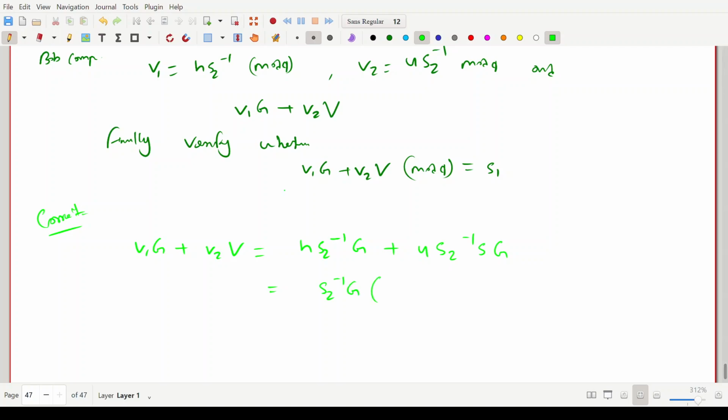I will have H plus sU. So it will be S2 inverse G times eS2, which is equal to eG. And what is eG? It is S1. So, as expected.